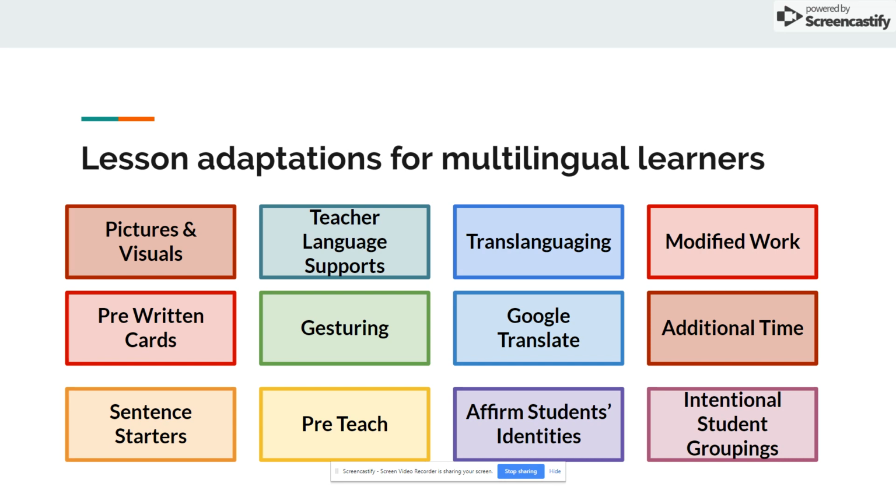The WIDA Guiding Principles of Language Development states that multilingual learners use and develop language to interpret and present different perspectives, build awareness of relationships, and affirm their identities. In the article Promoting Literacy in a Multilingual Context, Dr. Jim Cummins recommends that we teach in ways that affirm students' identities.